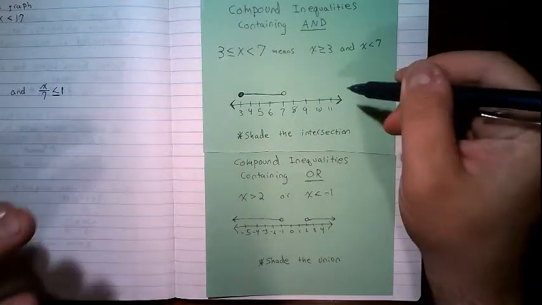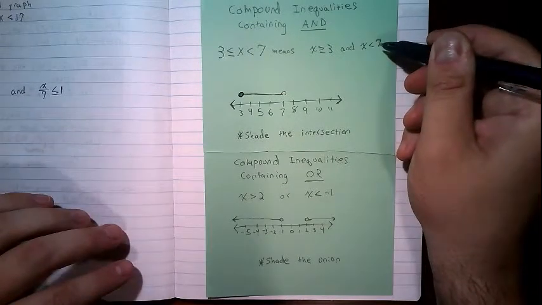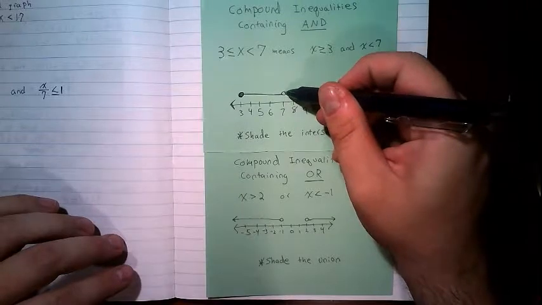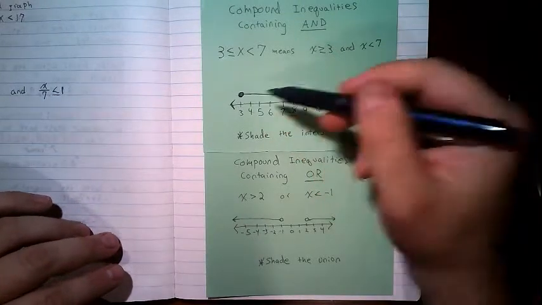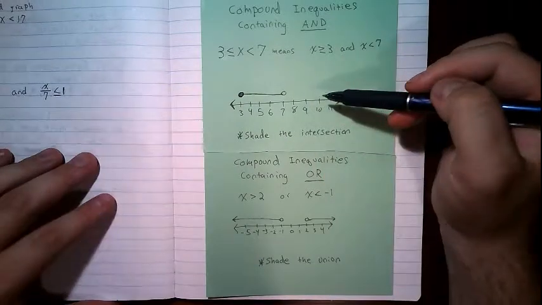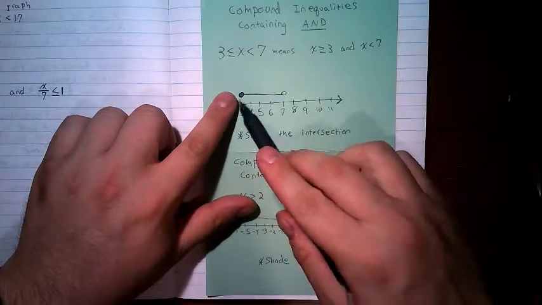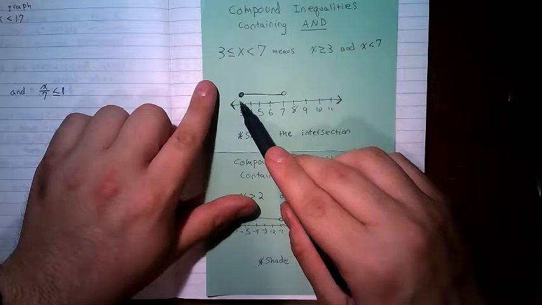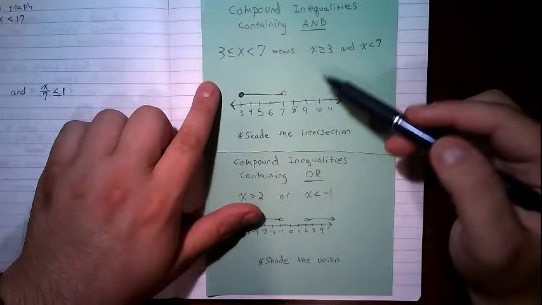But I know that x also has to be less than 7. So that would be an open circle and all those numbers to the left. So when I put that together, you can see that x has to be between 3 and 7, but it can be 3. And as we start solving compound inequalities, you'll see how the graph is made.